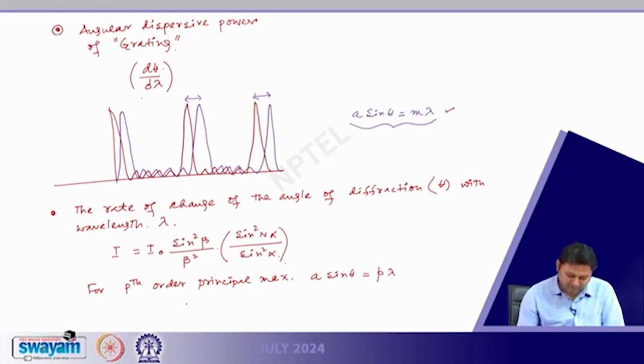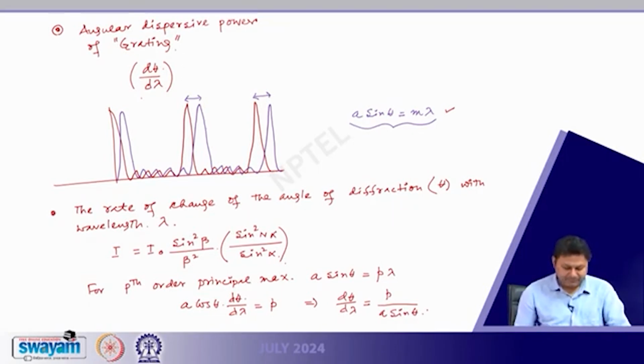So, here I can write A cos theta d theta d lambda is equal to P, or in other words d theta d lambda is equal to P by A sin theta.